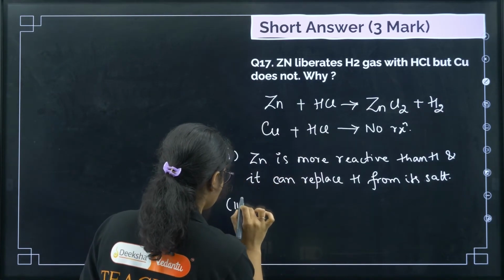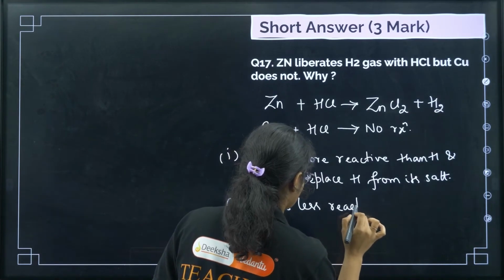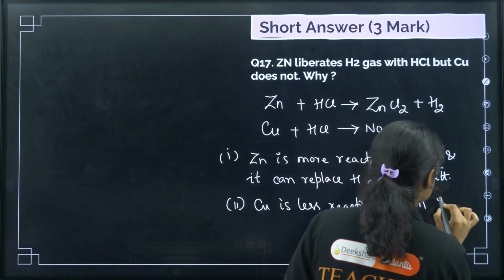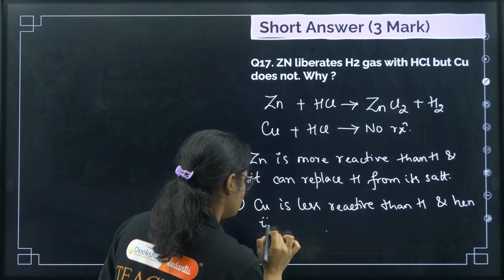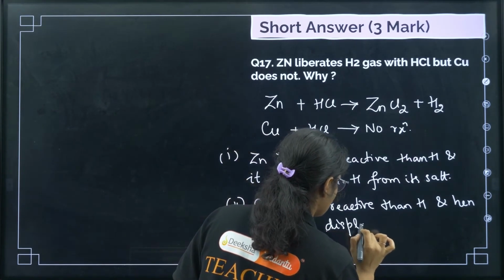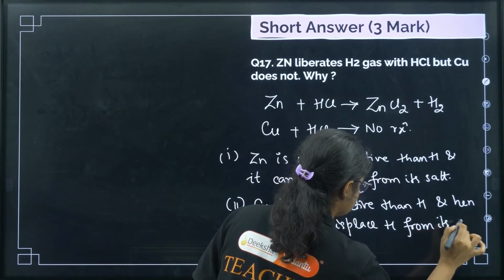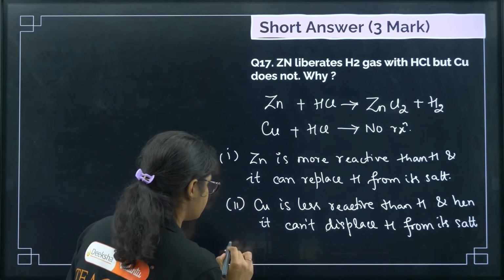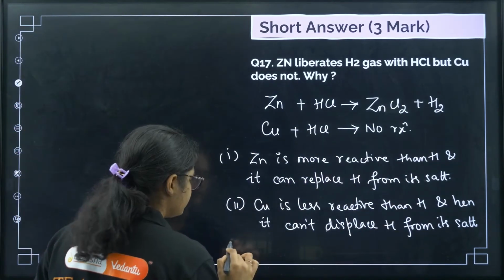Second, you need to write: copper is less reactive than hydrogen and hence it cannot displace hydrogen from its salt.